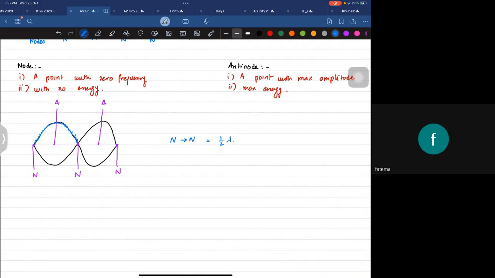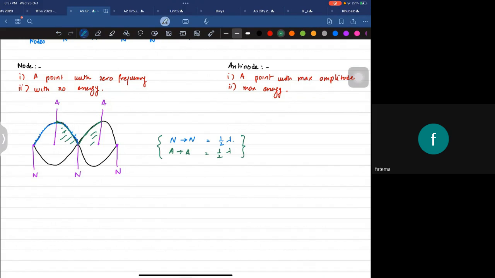And if you check the antinode part, from this end, if you go here and you go here, all this part is also a quarter and a quarter. That's half lambda as well. So antinode to antinode is also half lambda. You need to remember this.